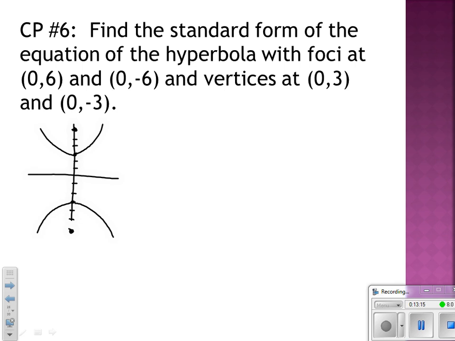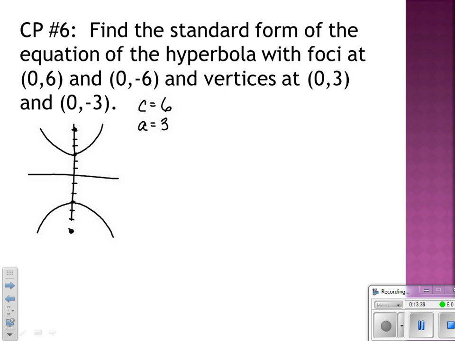Now, there's a relationship between those. If we know that our foci are 0, 6 and 0, negative 6, we should be able to determine our C value is 6. Our vertices are 0, 3 and 0, negative 3. Those give us our A's. Now, use that relationship that we copied off of our table.